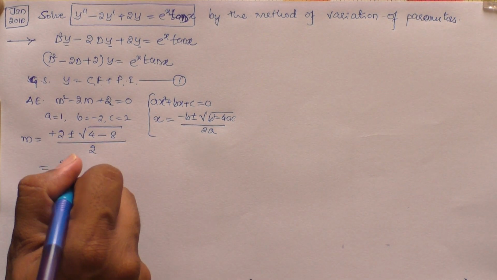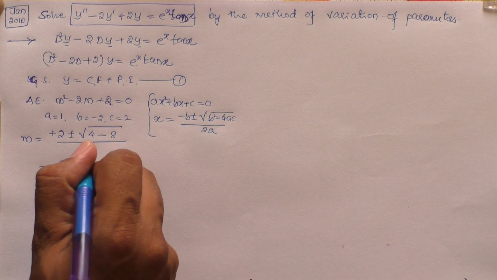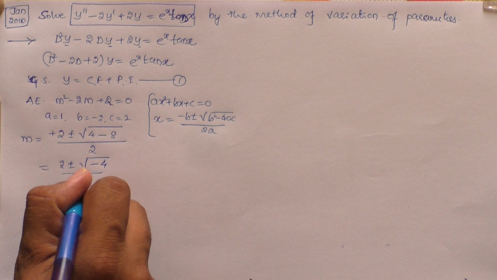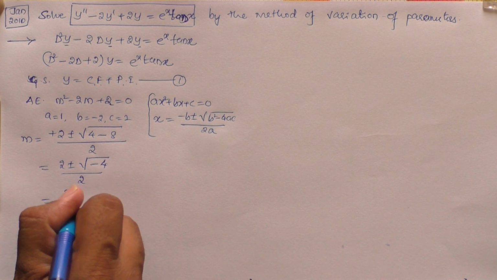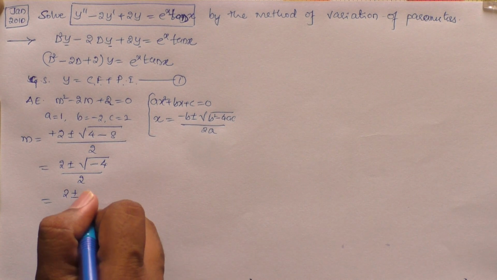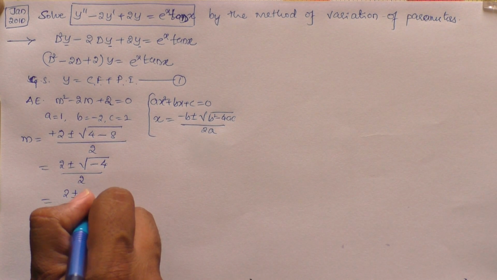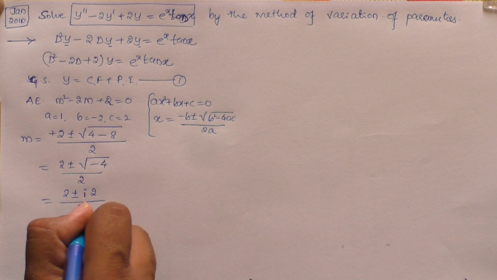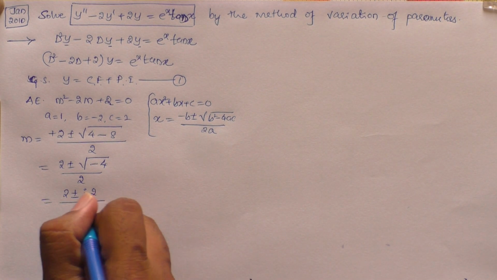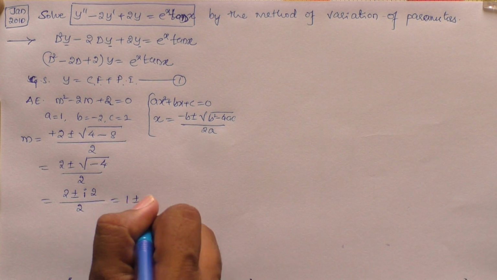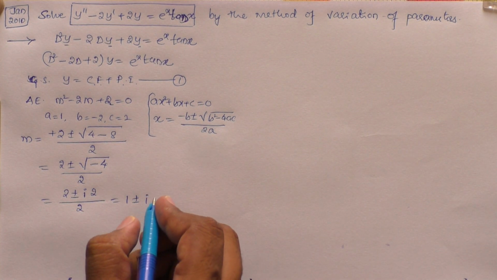So 2 plus or minus square root of 4 minus 8 is minus 4, divided by 2. So 2 plus or minus square root of minus 4. Square root of minus 1 is i, and square root of 4 is 2. So that is 2i divided by 2. It can be written as 2 by 2, which is 1, plus or minus 2i by 2, which is i. So 1 plus or minus i.